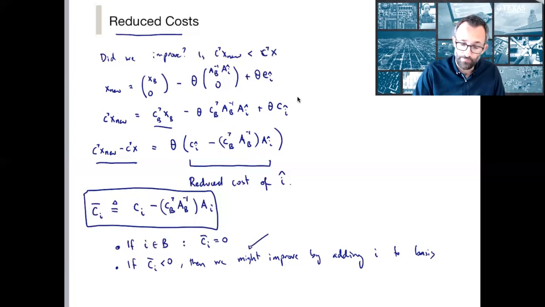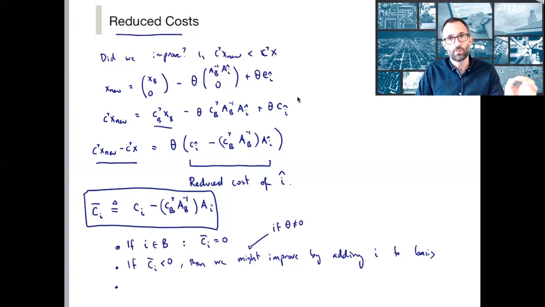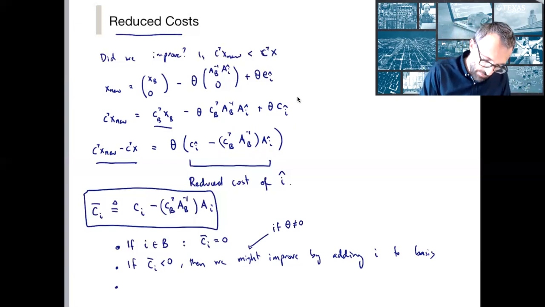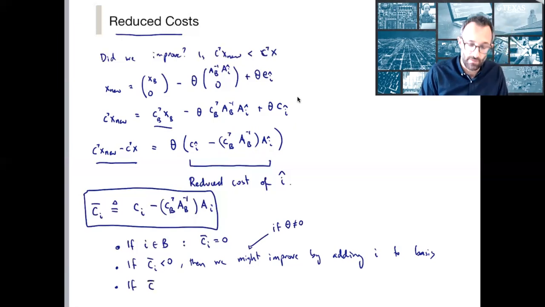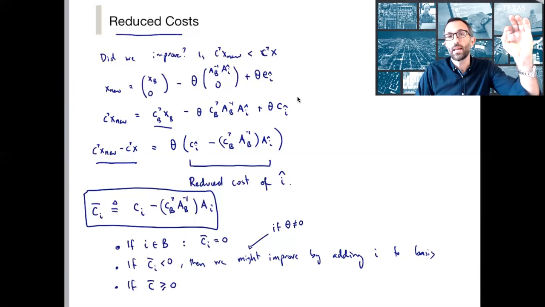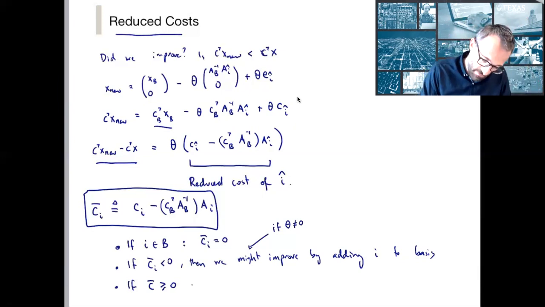Because theta could be 0. Only if theta is strictly positive do we actually strictly improve when c i bar is negative. But by the same token, if we are sitting at an extreme point, we compute our reduced costs, and we find that all the c i bars, so I'll summarize by the vector c bar, if all the reduced costs are non-negative, this is now a certificate. It's a guarantee that we're sitting at the optimal solution.